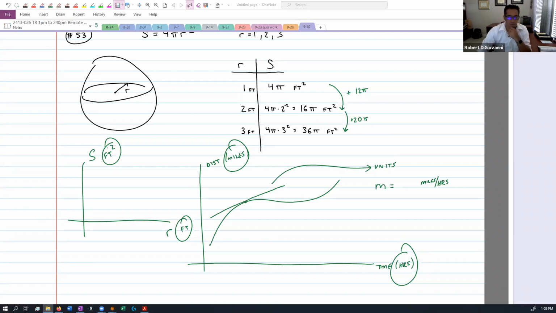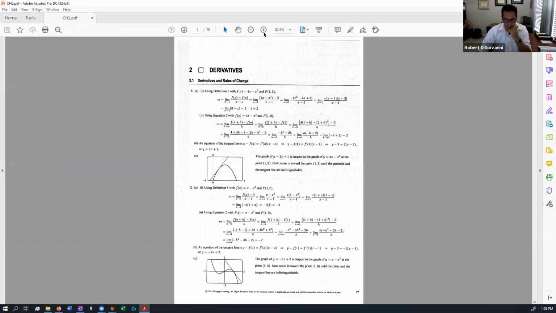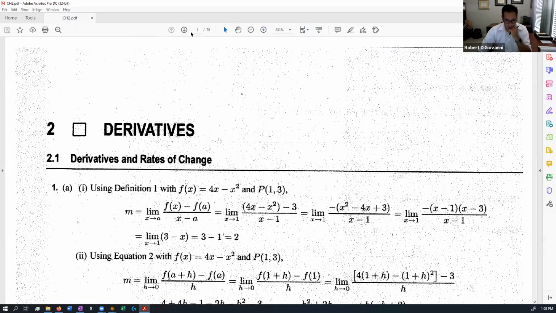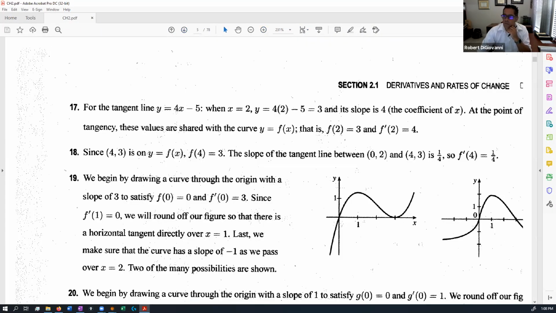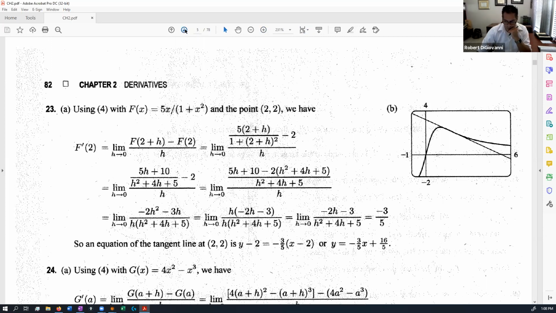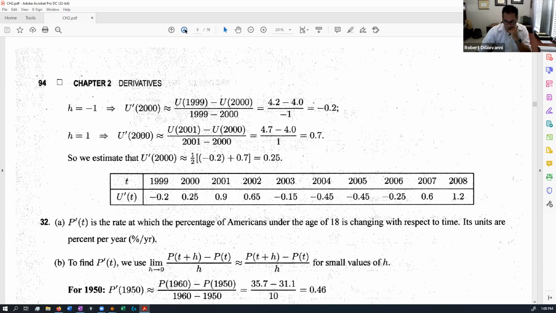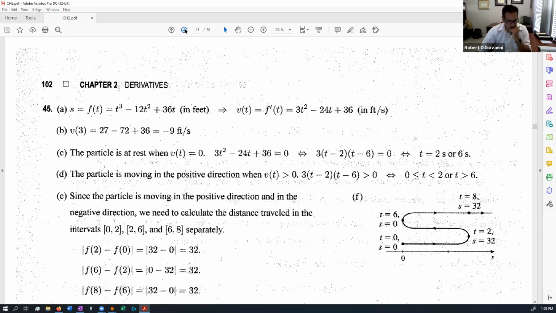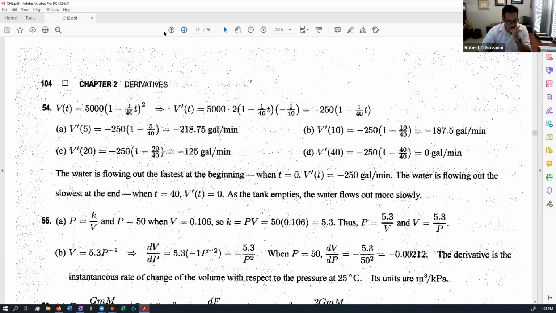Just bring it here so you can see it. What is 2.3, number 53?